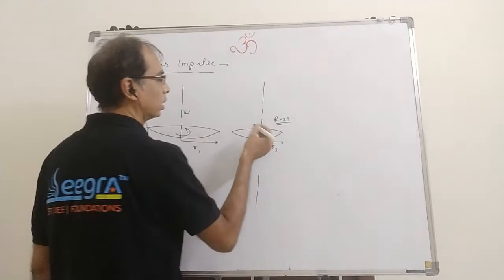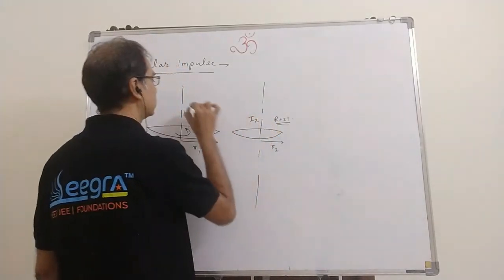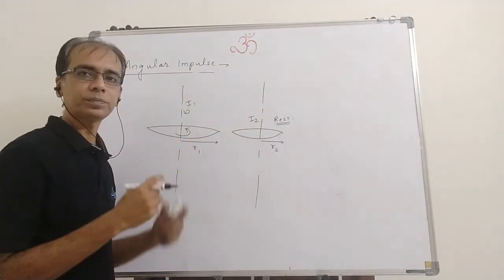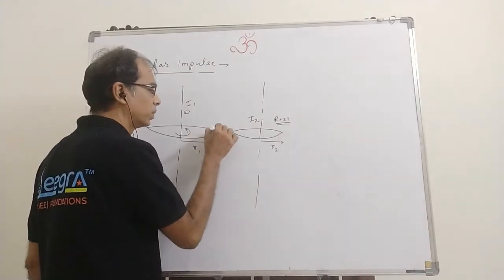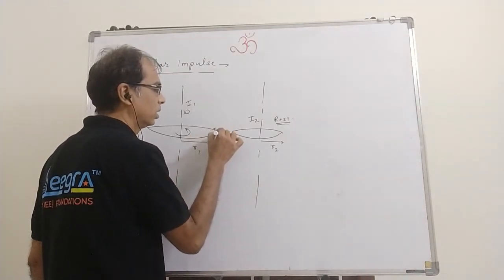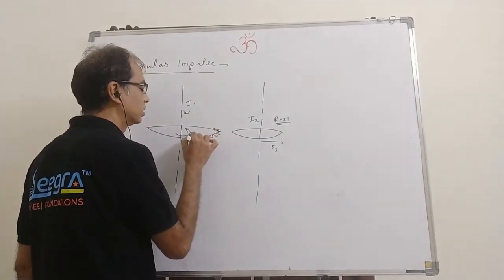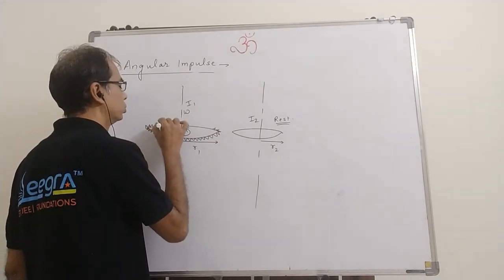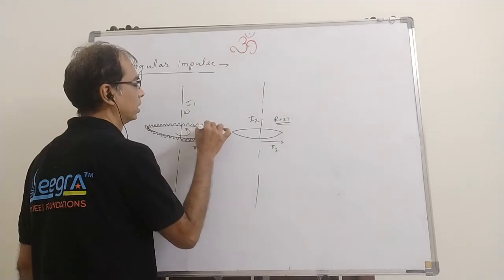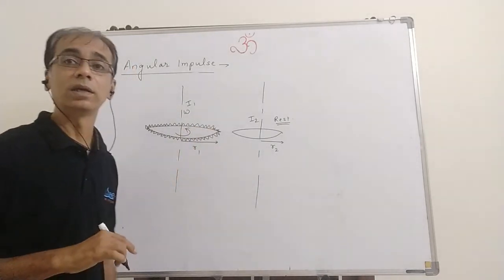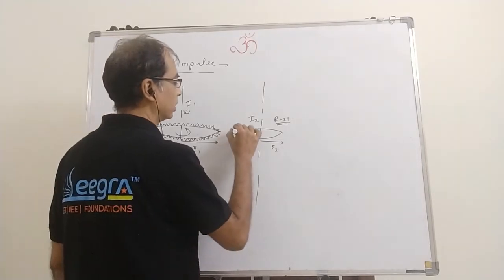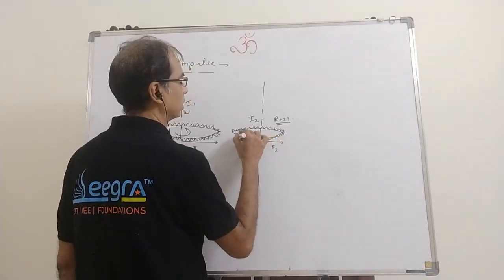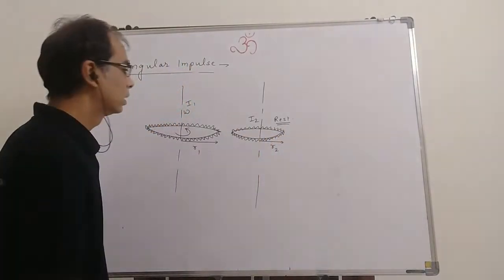Their moments of inertia are different, and you can see the size is also a bit different. There are gears like this. I hope you have seen this kind of disc, like on the roadside when you go for sugarcane juice. Here also there are grooves like this. But this one is at rest and this one is moving.